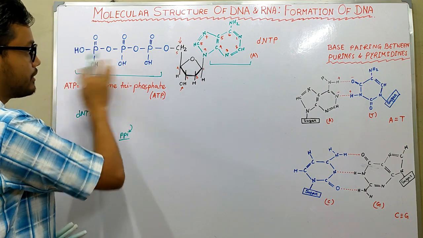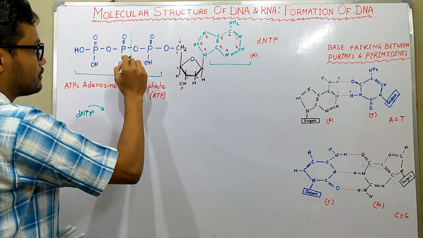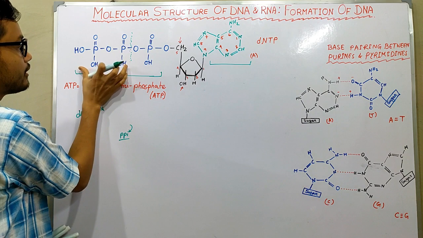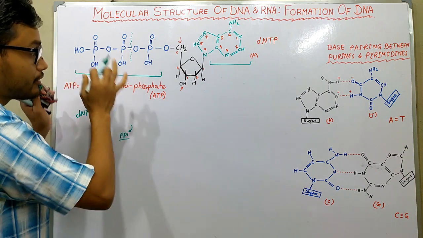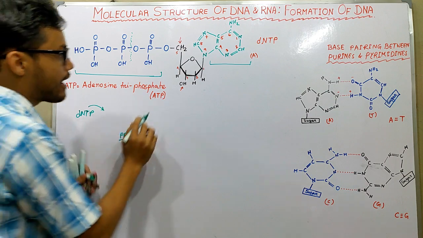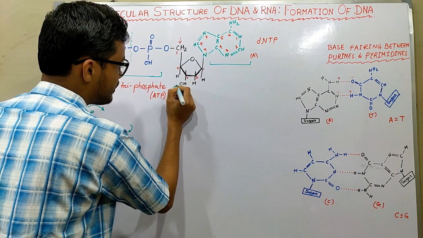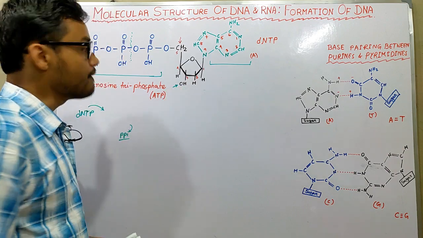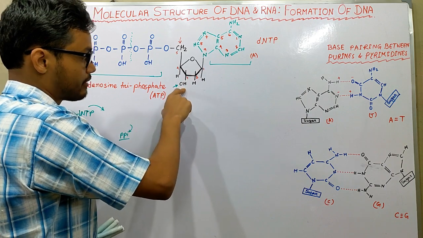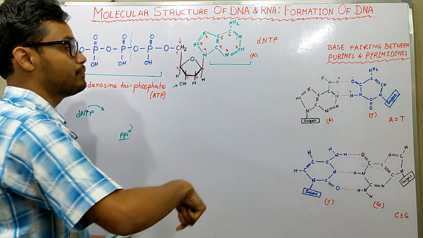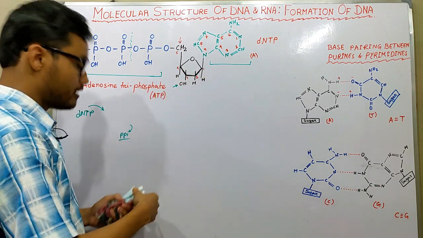That means 2 phosphates are broken off. The new dNTP combines with the number 3 carbon of the pentose sugar, where OH is present and the H can be replaced.